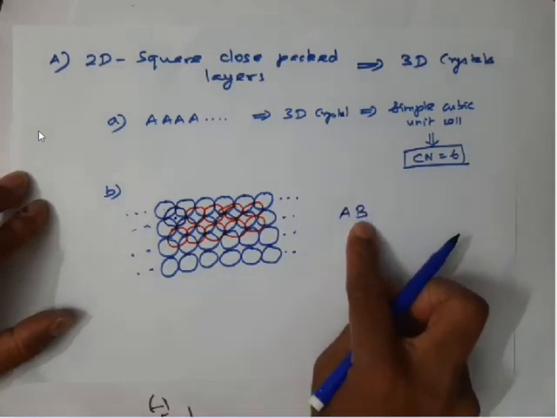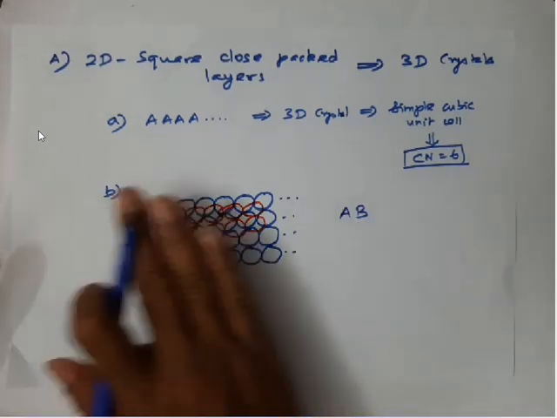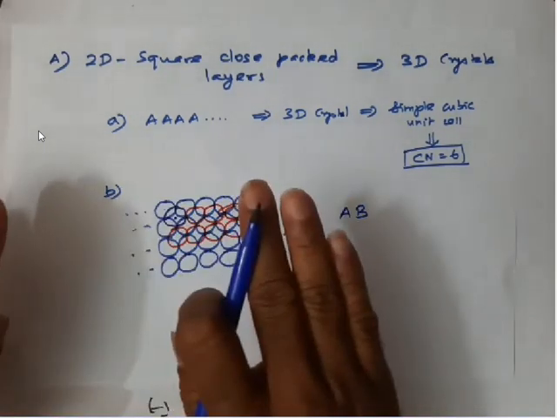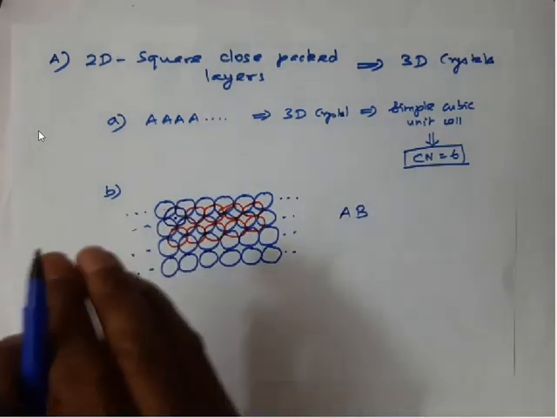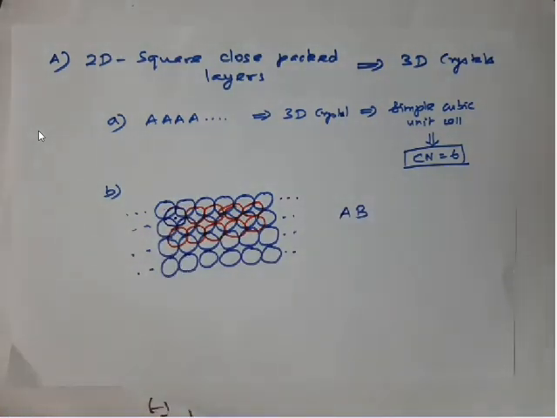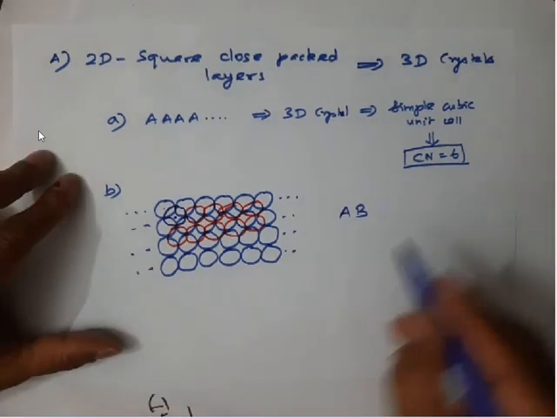So if you arrange the layers like this, the first layer is A, the second layer is B. See what I am doing, I'll repeat. You keep the first layer and place the second layer atoms on the first layer such that the second layer atoms sit in the depressions of the first layer. What is a depression? What is meant by that?